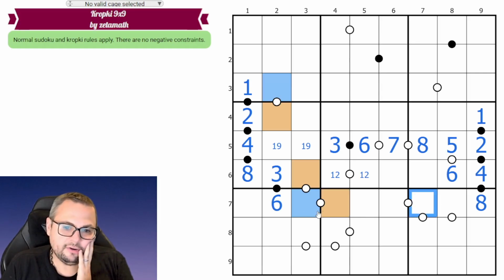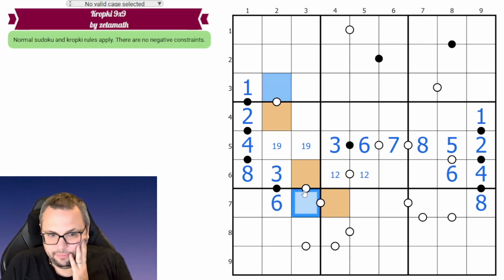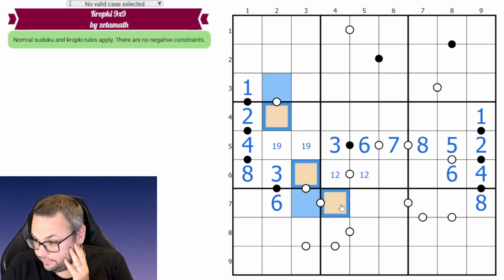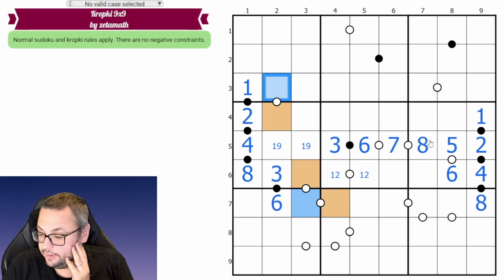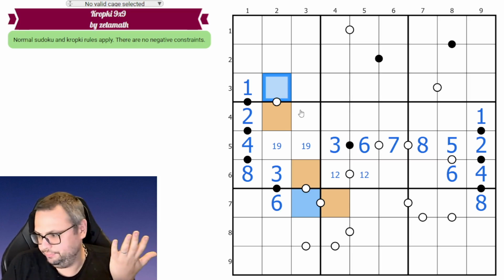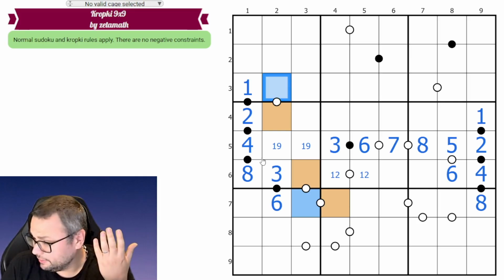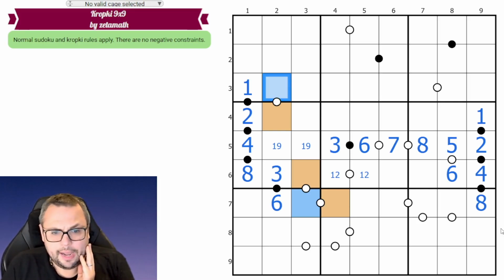For very uncreative reasons, typically we use orange for odd because they start with the same letter, and then we use blue for even because who knows? Blue has an even number of letters, I guess. I don't know.